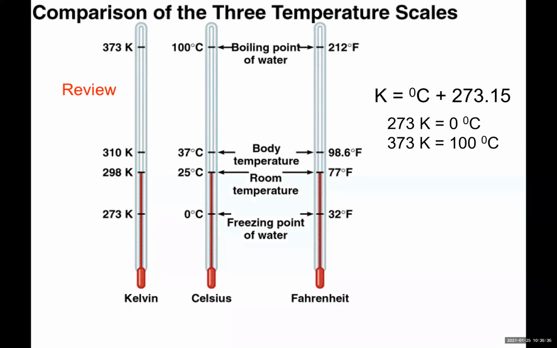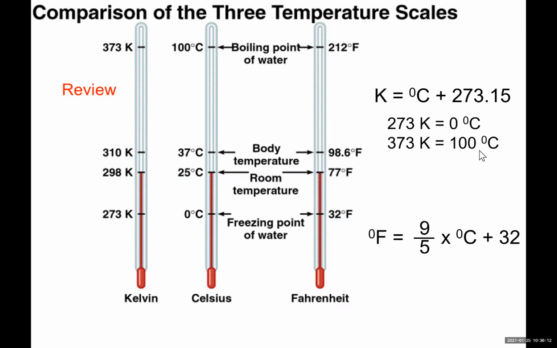And we said 0 Kelvin is 273 degrees below 0 Celsius, or 0 Celsius is 273 K. And if you want to calculate Kelvin, just add 273 to Celsius, so 100 degrees Celsius is 373 Kelvin.